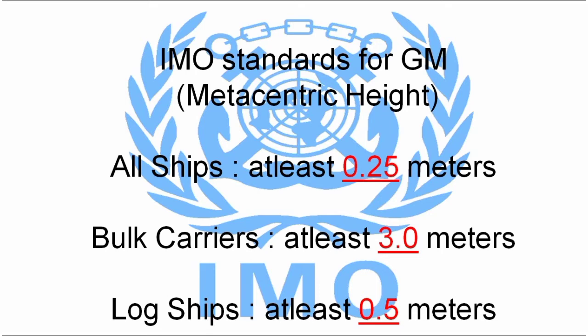But for bulk carriers, we will not have a problem with the metacentric height because the ship is designed to have a large amount of GM when it will be fully loaded, because all of the cargoes will be stored in the holds, not on deck. For log ships, okay, so we have 0.5 meters.